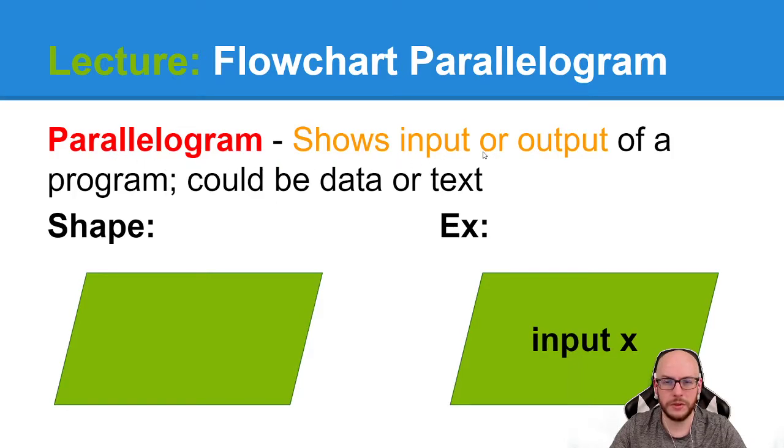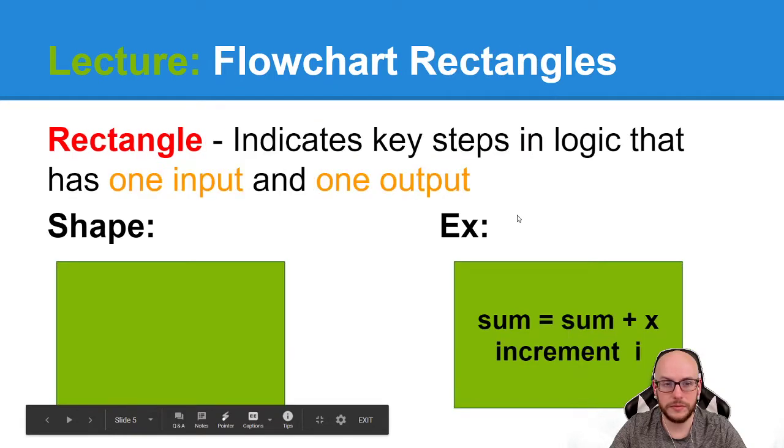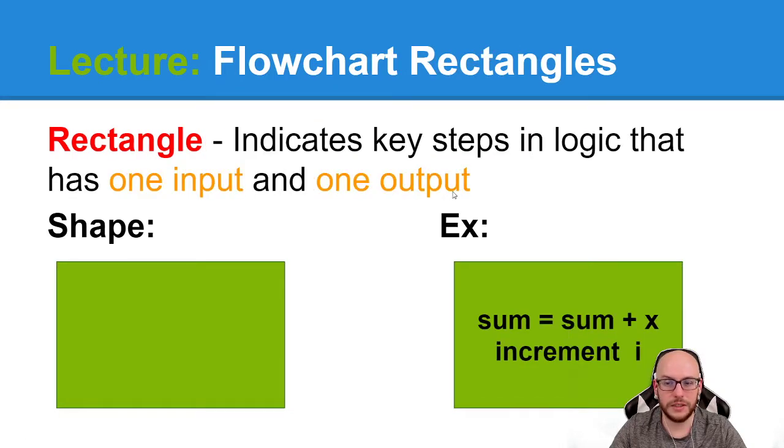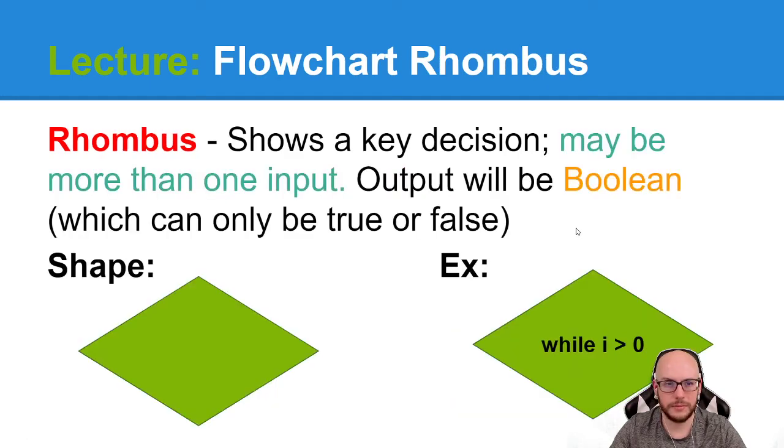The parallelogram shows some type of input or output of a program. Maybe we're getting something from the user or we're printing to the console. The rectangle is some type of logic. Here in this example, we're seeing that sum is changing or just a simple increment of I. The rhombus is where we're going to see key decisions.